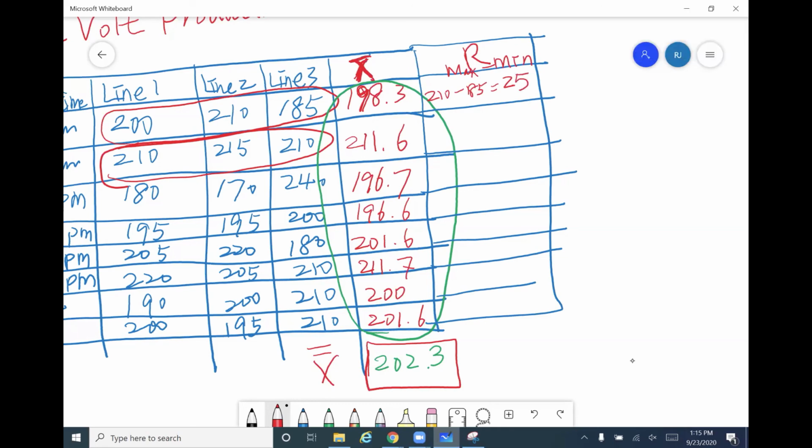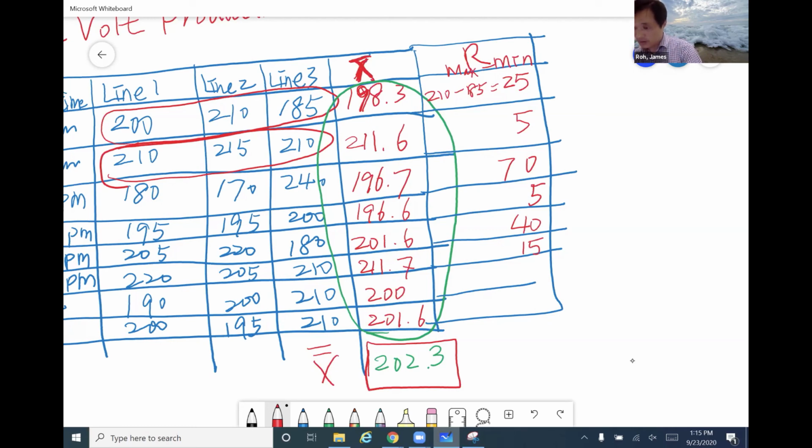Yes. 25, good. And 215 minus 210 is 5. And 240 minus 170 is 70. And 200 minus 195 is 5. And 220 minus 180 is 40.